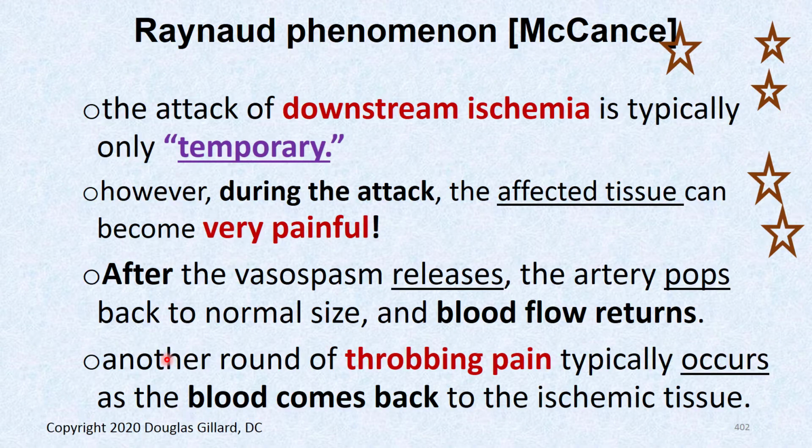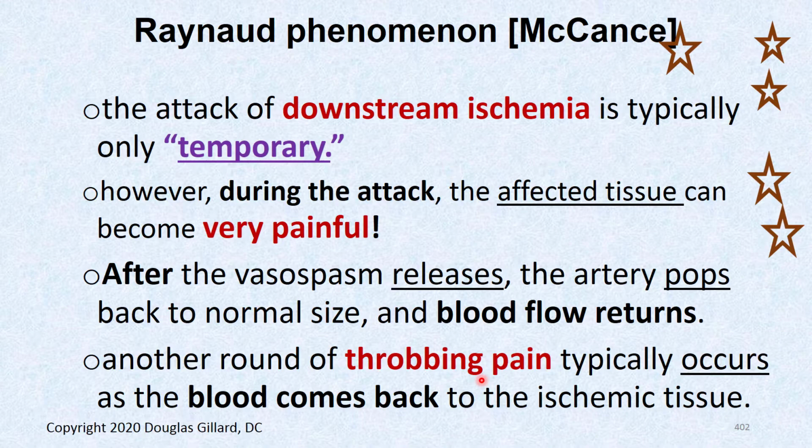except pictures. So everything I just said, the attack of downstream ischemia is typically temporary. However, during the attack, the affected tissue gets very painful. After the vasospasm, the artery pops back open to normal size, blood flow returns, then you get a throbbing pain as that blood flow comes flying in there.